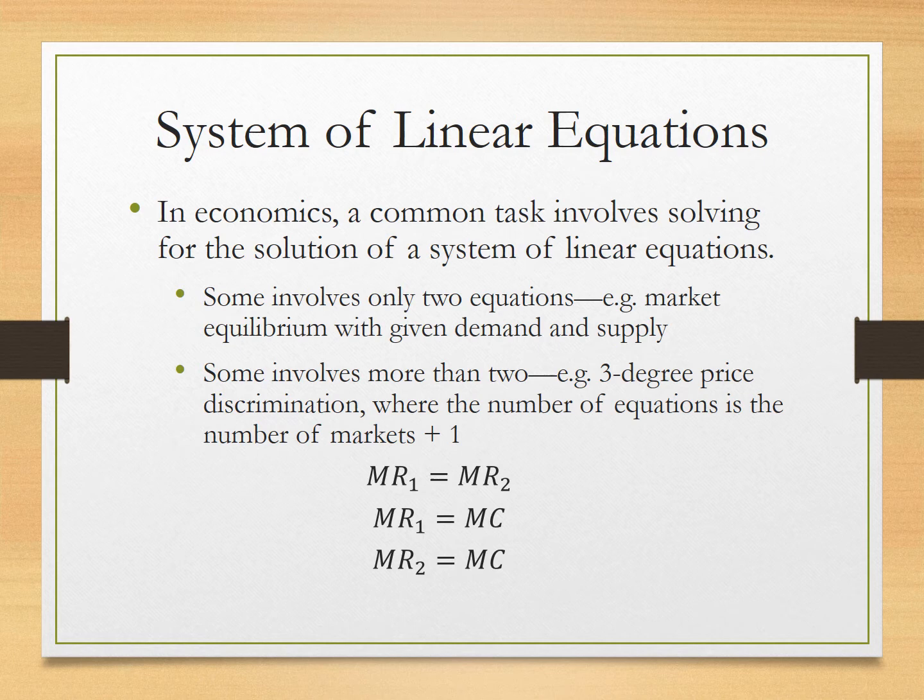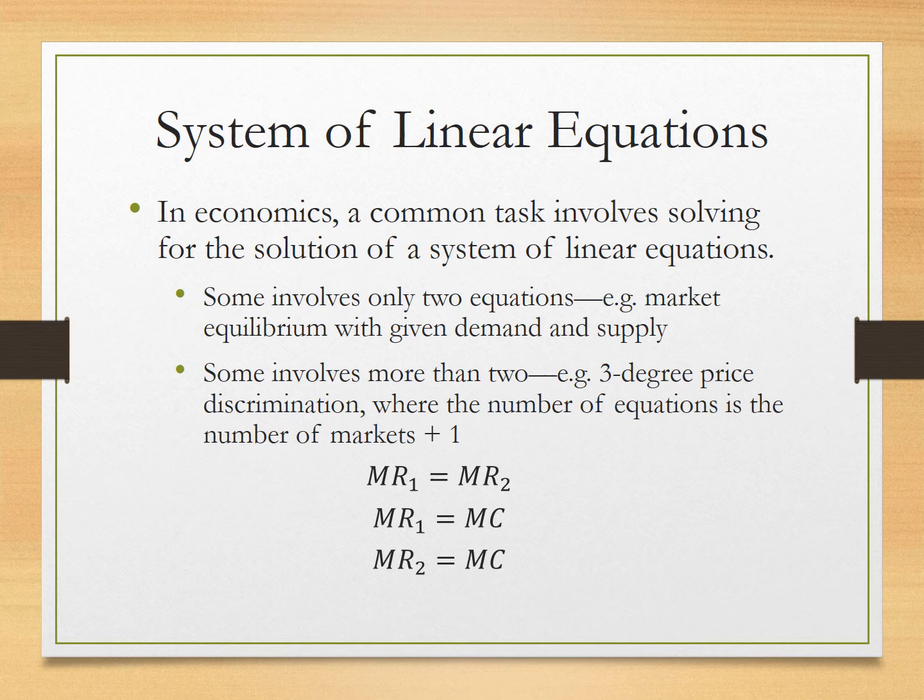What would happen in equilibrium? In equilibrium, Samsung should not be shipping cell phones from Hong Kong to Korea, nor should it be shipping cell phones from Korea to Hong Kong. Because in equilibrium, it should be earning as much money from selling a cell phone in Hong Kong versus Korea. Right, that's the idea. So marginal revenue 1 equals marginal revenue 2.